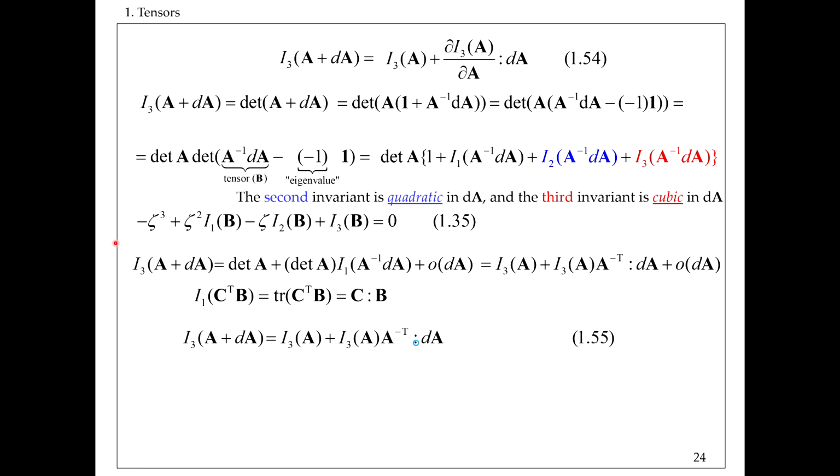Again our initial quantity here: the calculation of that function at a point A plus a little bit of dA is equal to what we derived here without the higher order terms, so A3A plus A3A, A minus transpose double dot dA. Now with that we're almost done.